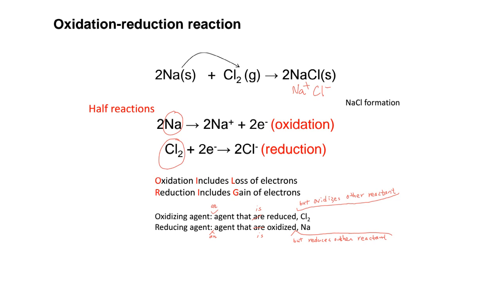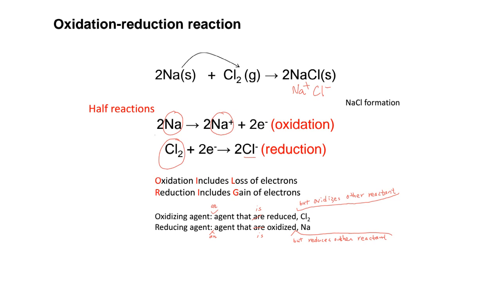So the initial reactant is sodium, and the final product will be Na+ for one half cell reaction. Then the other half cell reaction is we start with the chlorine molecule, and the product will be 2 chloride anions.